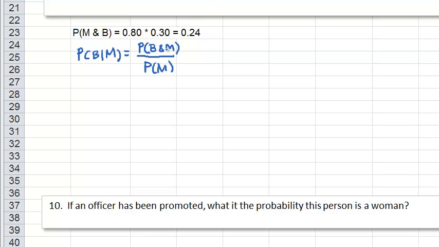Another way of writing this: if I had the other two values, I could multiply them to get the numerator.